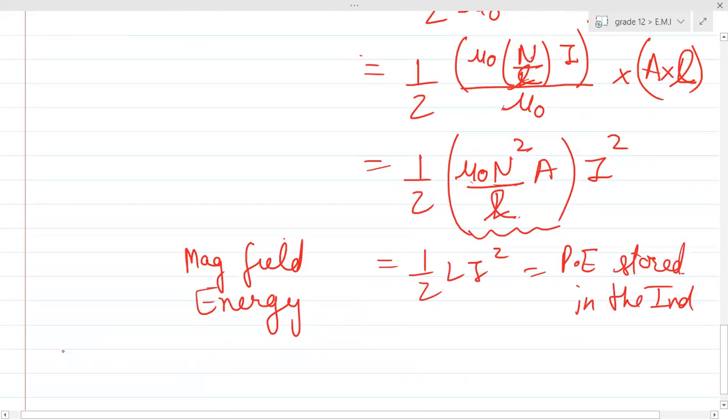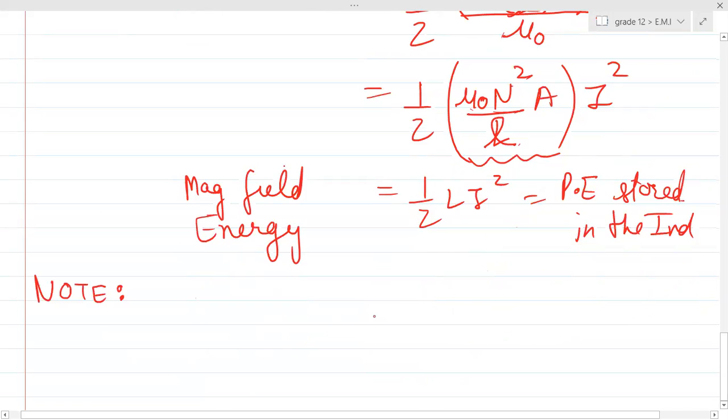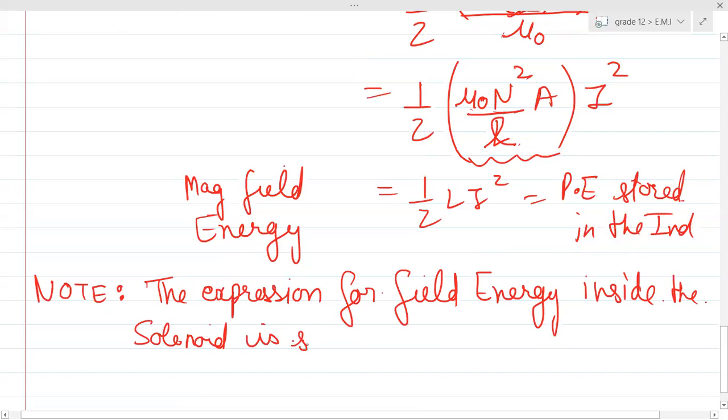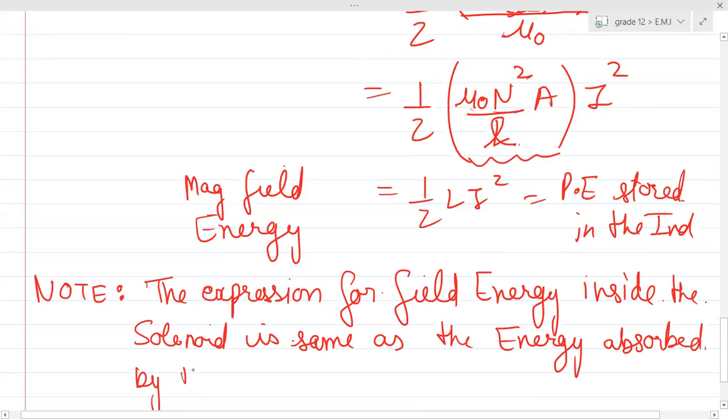So always remember, the expression for field energy inside the solenoid or inside the inductor, whatever you want to say, is the same as the energy absorbed by the solenoid during the growth of current.